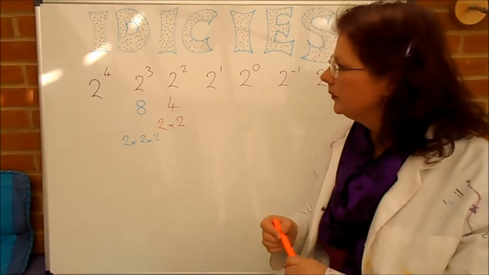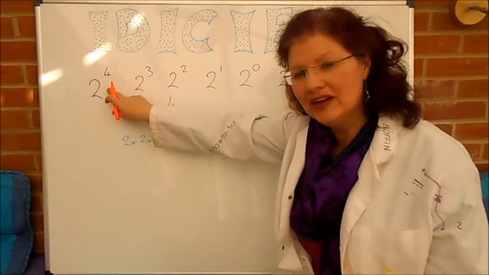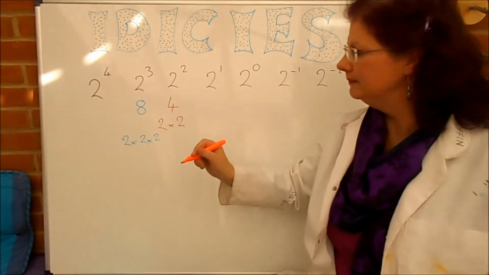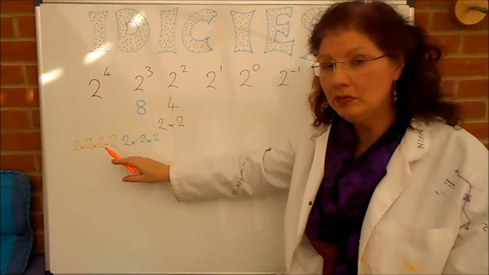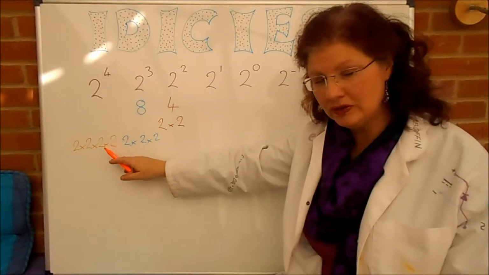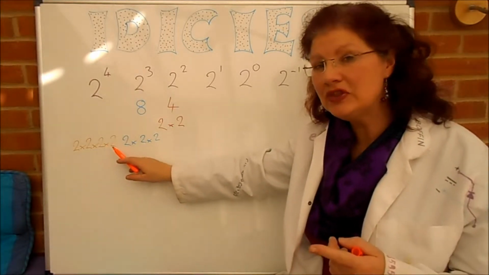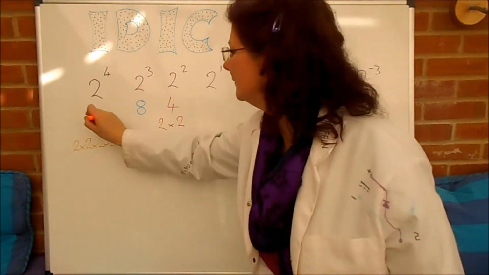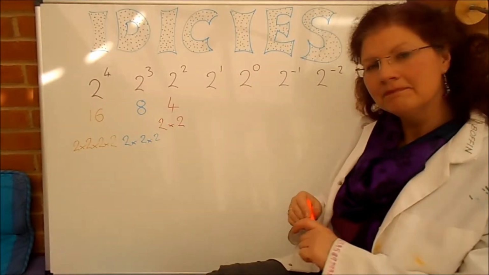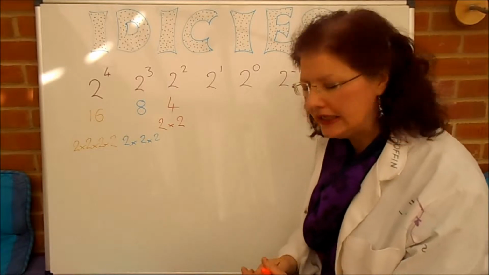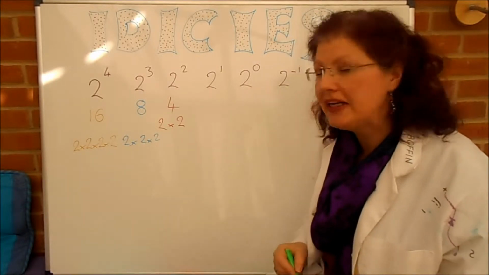What about the next one? Well, the next one would be take a 2 and write it down 4 times. So that's 2 times 2, that's 4, times 2, that's 8, times 2, 16. Okay, those ones are fairly easy. Let's continue the pattern.